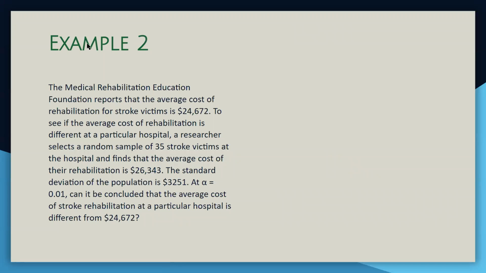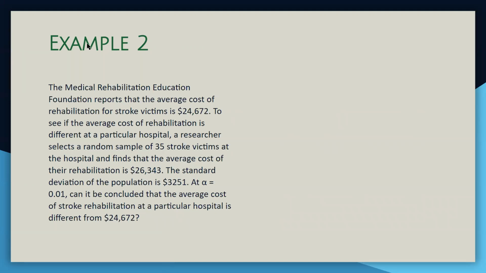The Medical Rehabilitation Education Foundation reports that the average cost of rehabilitation for stroke victims is $24,672. To see if the average cost of rehabilitation is different at a particular hospital, a researcher selects a random sample of 35 stroke victims at the hospital and finds that the average cost of their rehabilitation is $26,343.